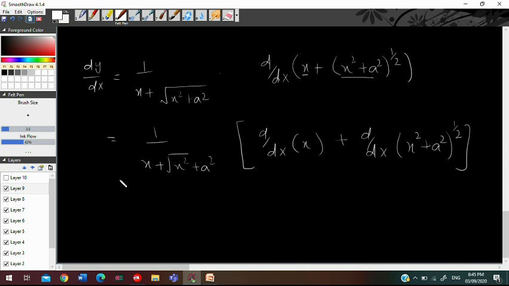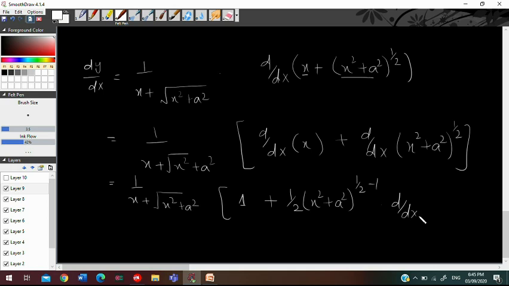Now 1 by x plus under root x square plus a square into, here we have two terms, so we apply the derivative separately: d by dx of x plus d by dx of (x square plus a square) power 1 by 2. We know that the derivative of x with respect to x always gives you 1, plus first you solve this power and then the other function: 1 by 2 (x square plus a square) power 1 by 2 minus 1 into d by dx of x square plus a square.